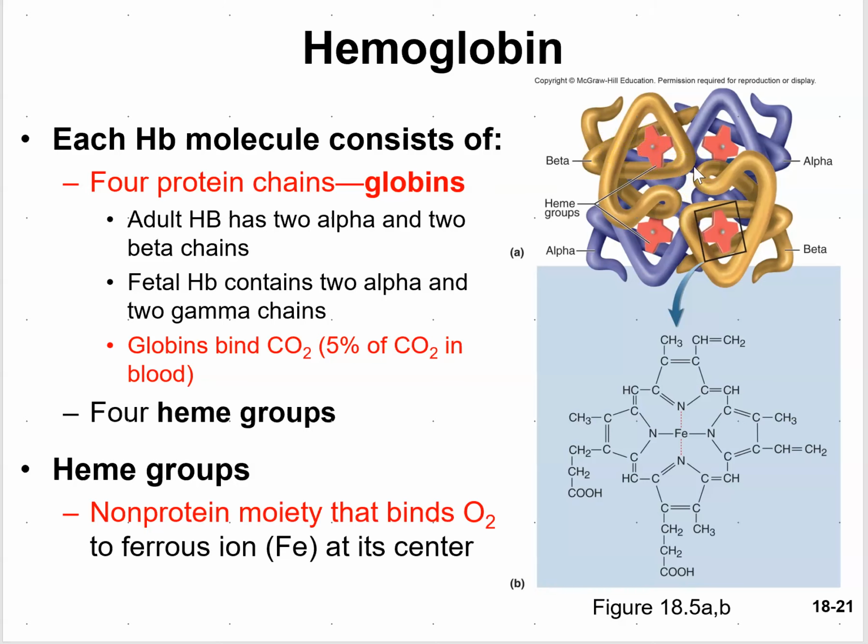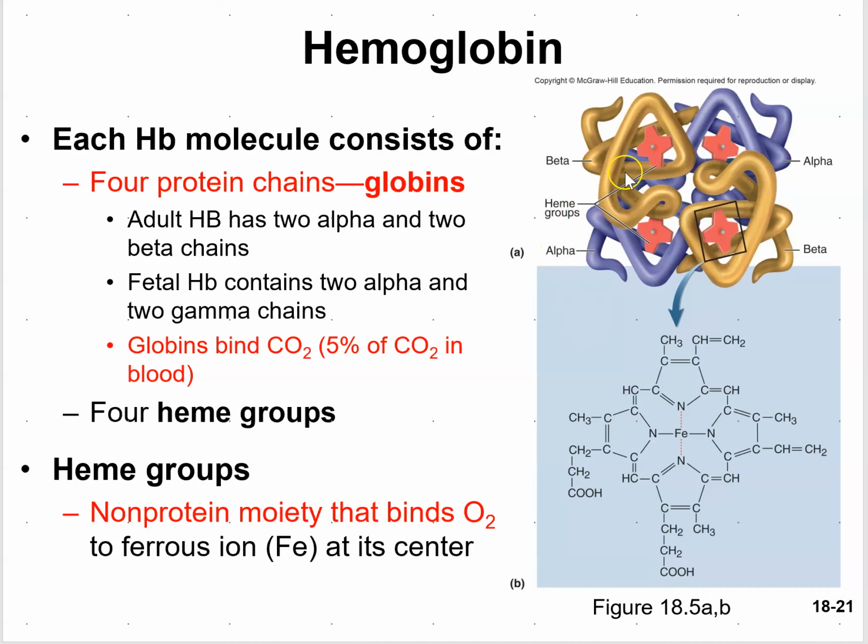Each erythrocyte, or red blood cell, can contain up to 300 million hemoglobin molecules. Therefore, each of these can transport almost up to 1 billion oxygen molecules.